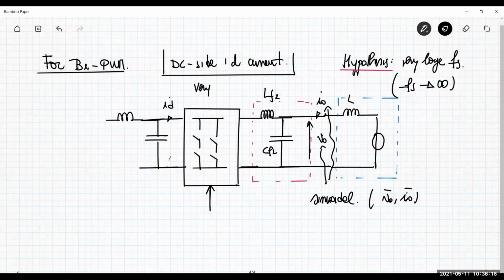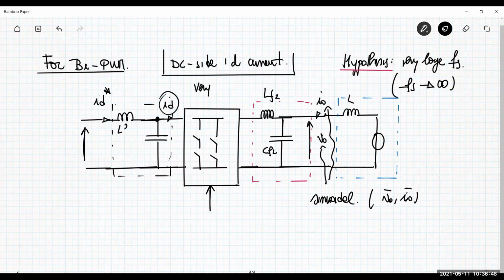For example, I can put here a filter, and this low pass filter makes it possible to have here a current ID star that basically is the average characteristic of the current ID. So this is LF1, this is GF1, CF1.